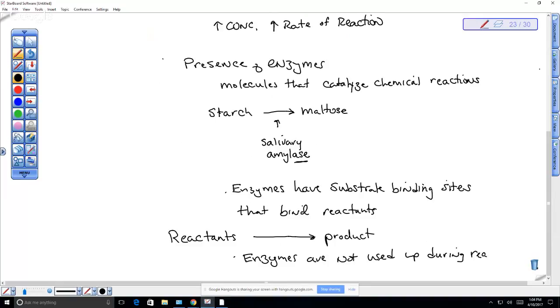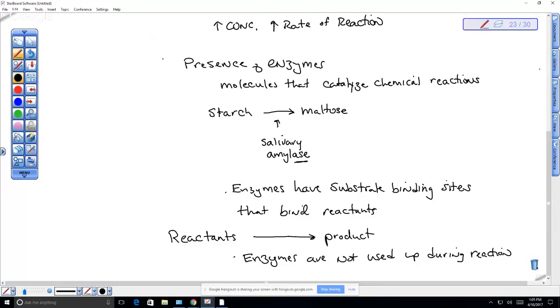So they can actually bind, and they could actually cause the reaction to occur, then they release the product, and then they just go bind some more reactants, release the product. So they can actually be used over and over and over again in the system.